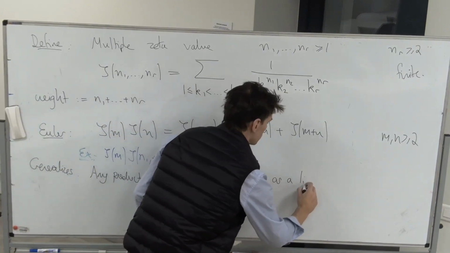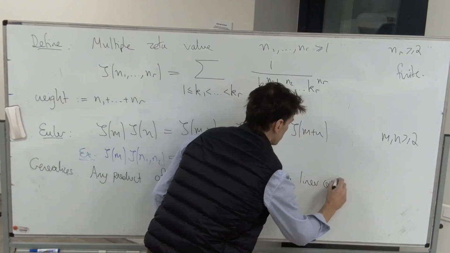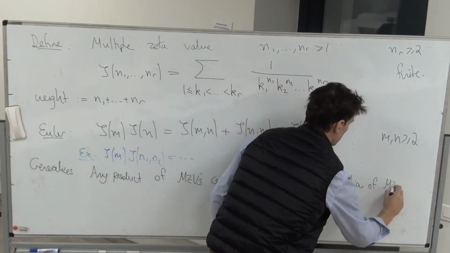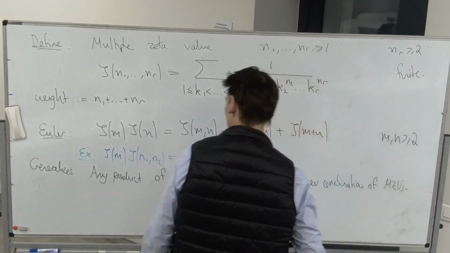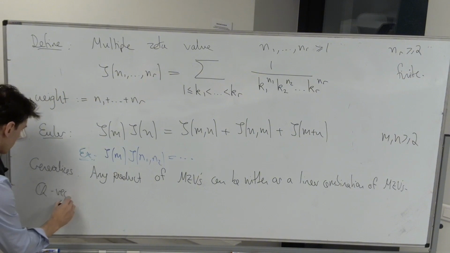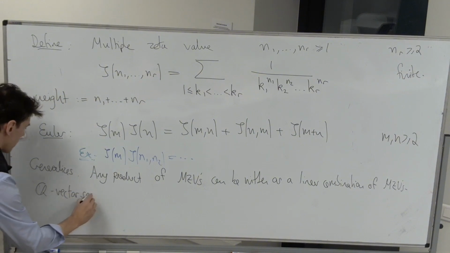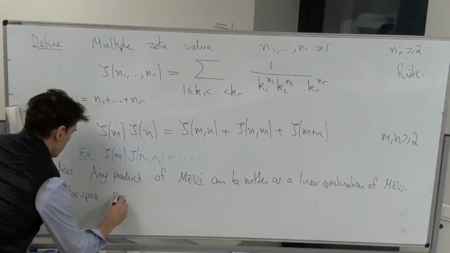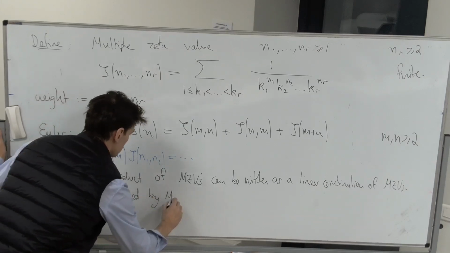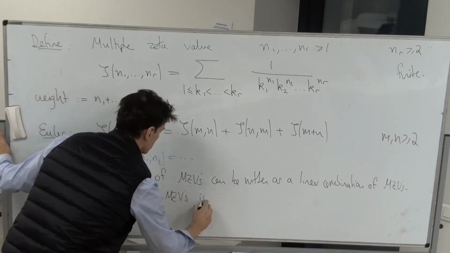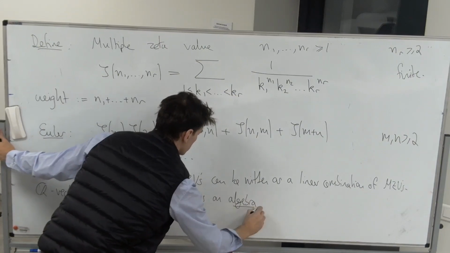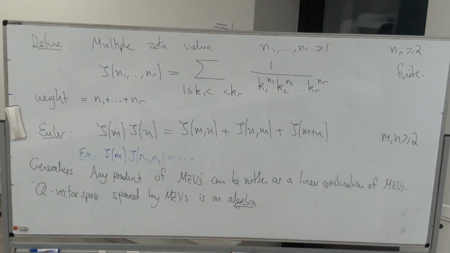as a linear combination. In other words, the Q vector space spanned by multiple zeta values is an algebra, or has a commutative ring structure.